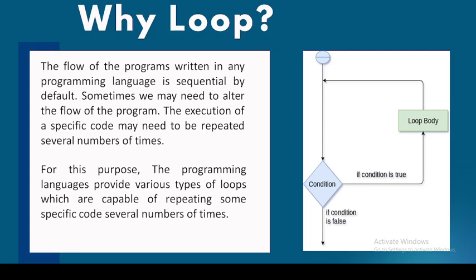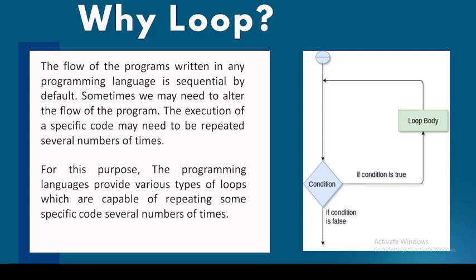For this purpose, programming languages provide various types of loops, which are capable of repeating specific code a number of times. So whenever we need to run a specific part of code many times, we can use loops, provided the condition is true. Until the condition becomes false, the specific code will keep running.